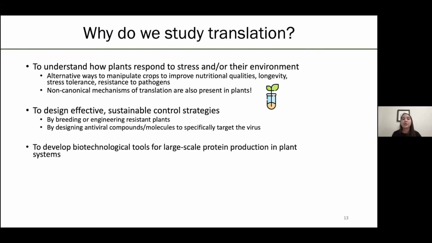Also, these translation enhancer elements, they're not always little, would probably be good biotechnological tools for large-scale protein production in plant systems, because if we find a way to use them like viruses use them to massively produce proteins, then we can find good systems to, again, produce proteins at large scale, for example, vaccines.